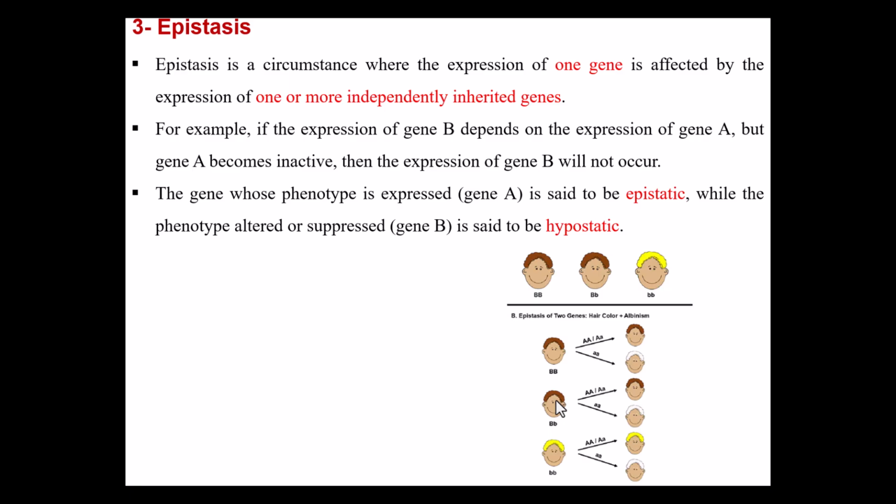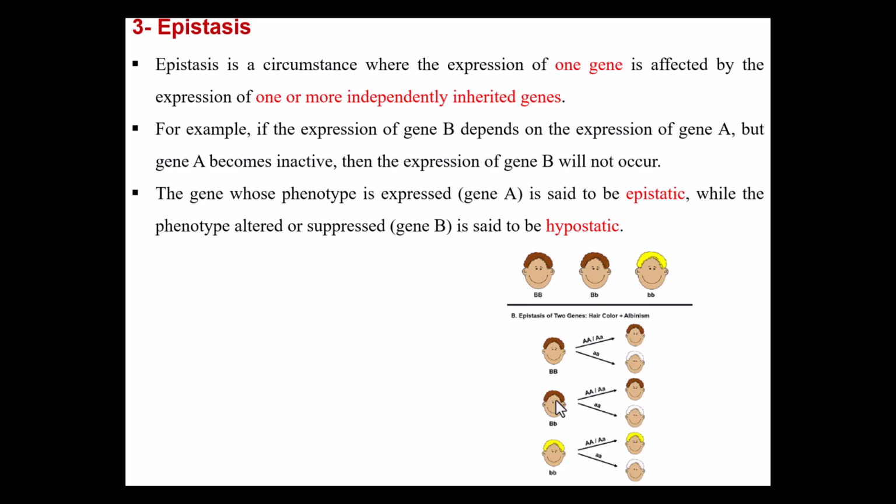It has to be both A capital, or A capital and one of them lowercase. At that moment, the color will appear. But if both alleles are lowercase, color will not appear.